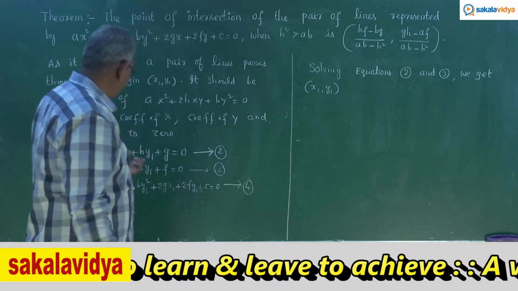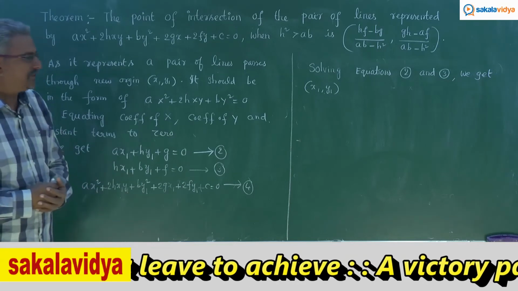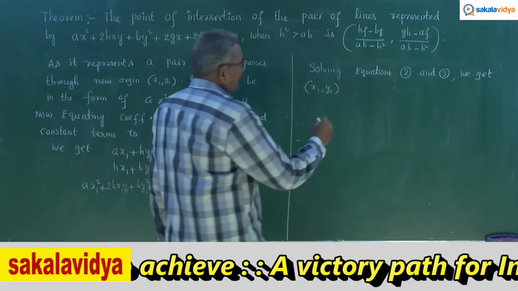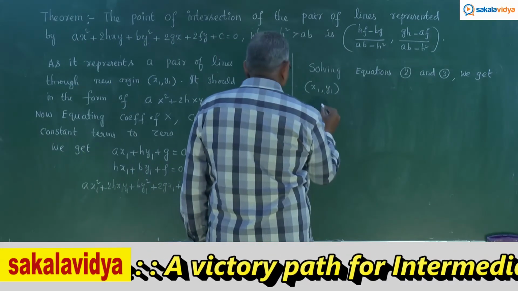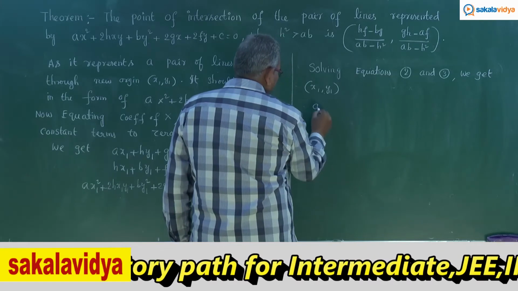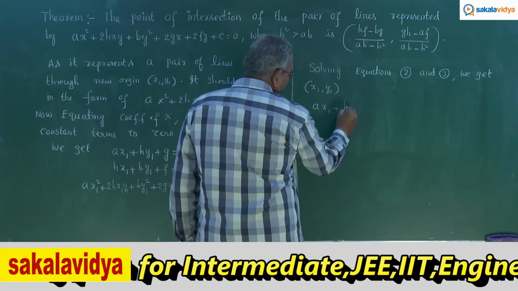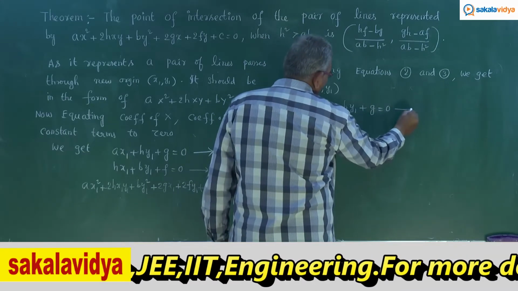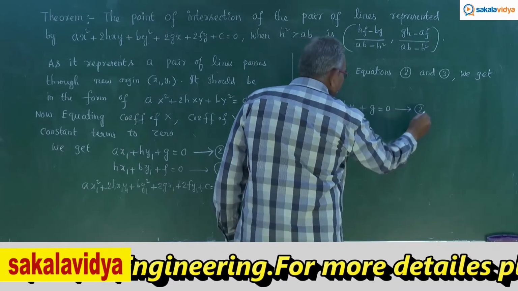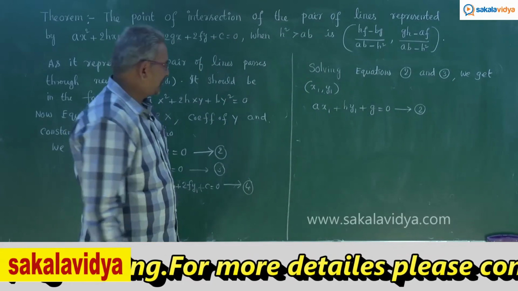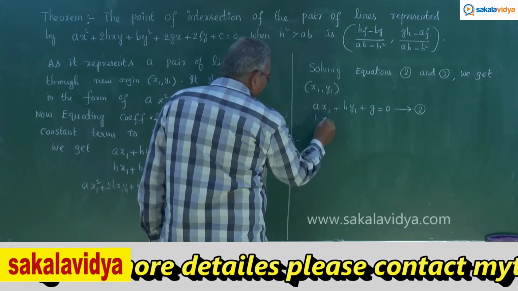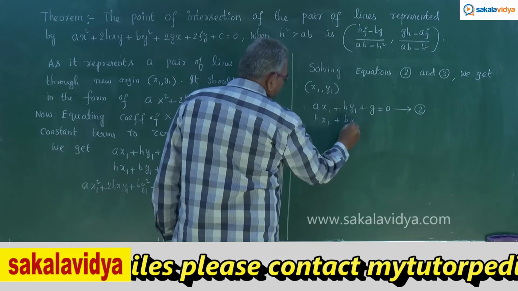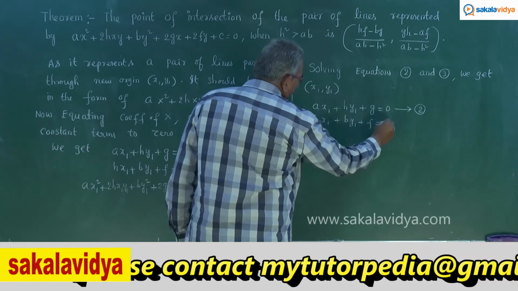Solving means actually here we can adopt the cross multiplication method. Here we can write ax1 plus hy1 plus g equals to 0. This is 2. Okay. hx1 plus by1 plus f is equal to 0. Say 3.